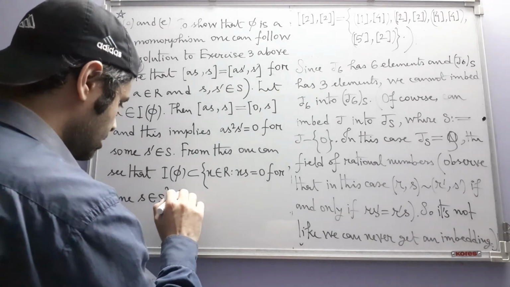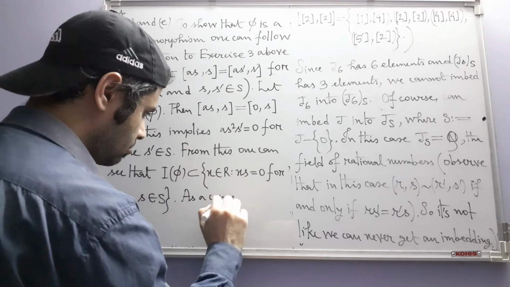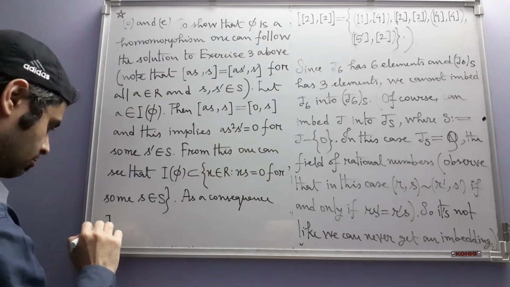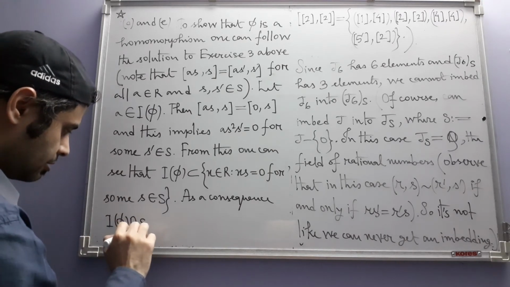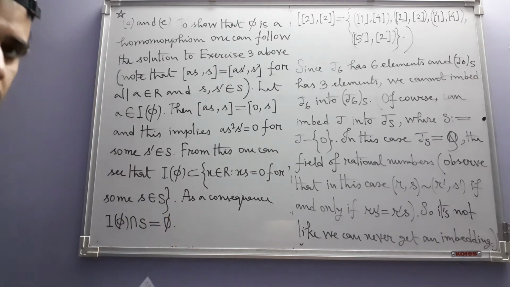As a consequence, the kernel is disjoint with S. Why though?